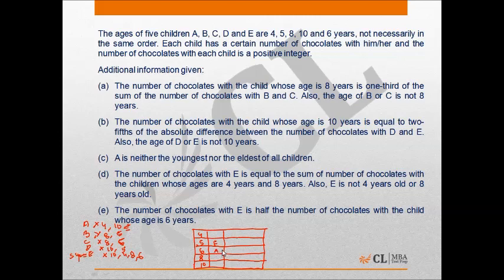When A is 6 years old, then B, C, D cannot be 6 years old. In that case, the age of B can either be 4 years or 10 years. So consider the first case when the age of B is 4 years.